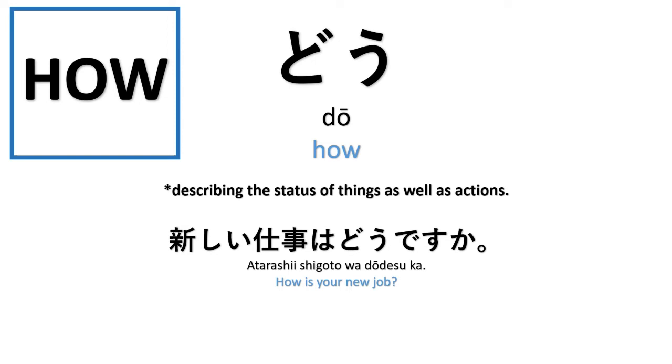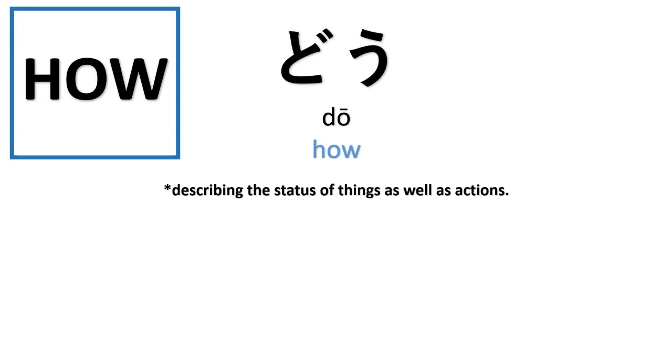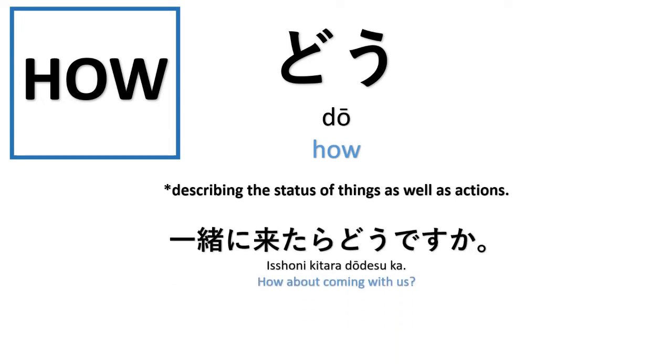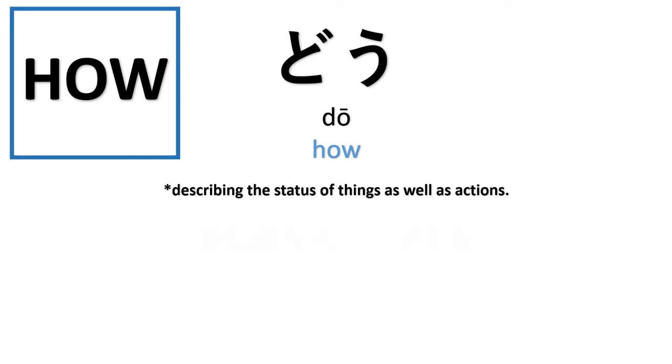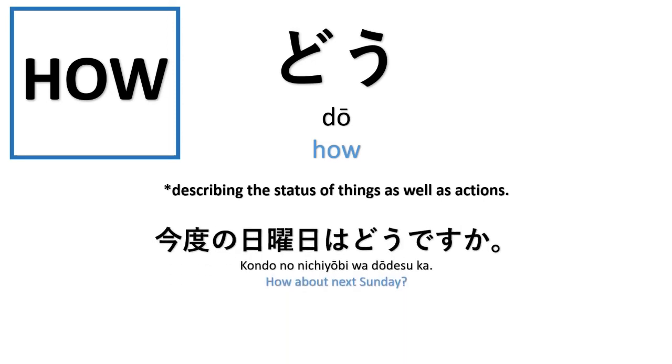How is it? 一緒に来たらどうですか? How about coming with us? What do you feel about coming with us? Okay? 今度の日曜日はどうですか? How about next Sunday?